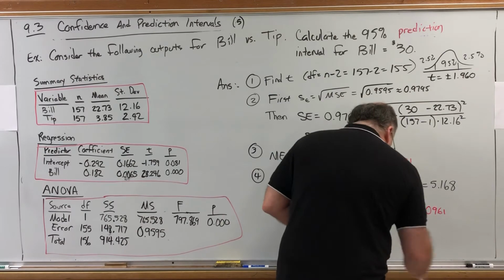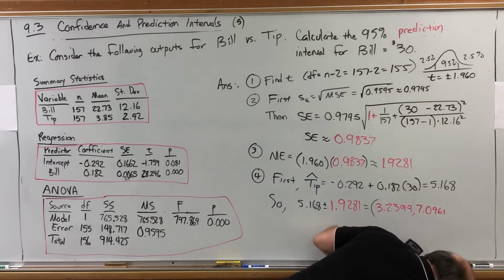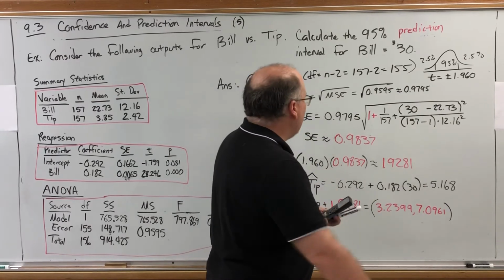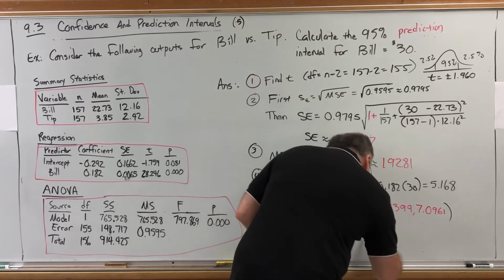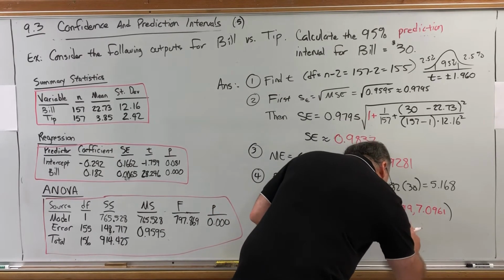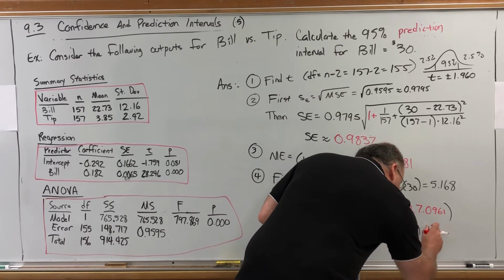But again, we're trying to come up with an interval to capture 95% of the tip amounts when a bill is $30. So if we round this to the nearest cent, we get 3.24 and 7.10.